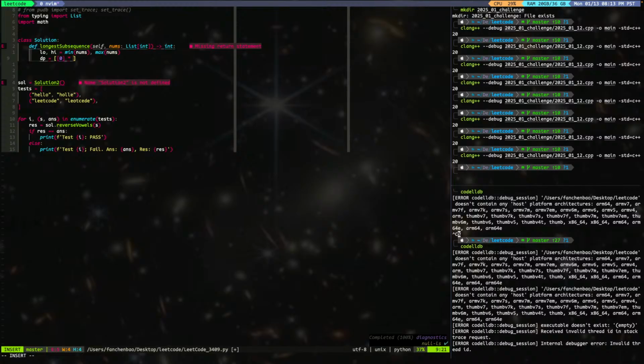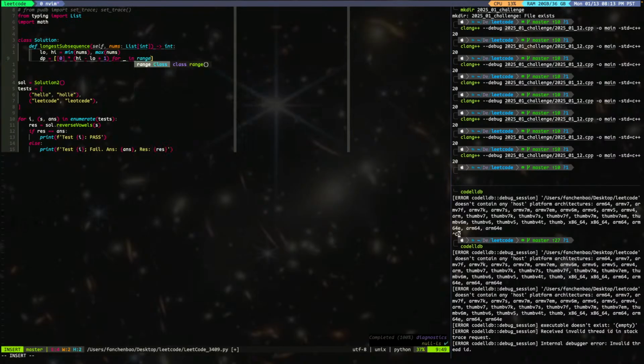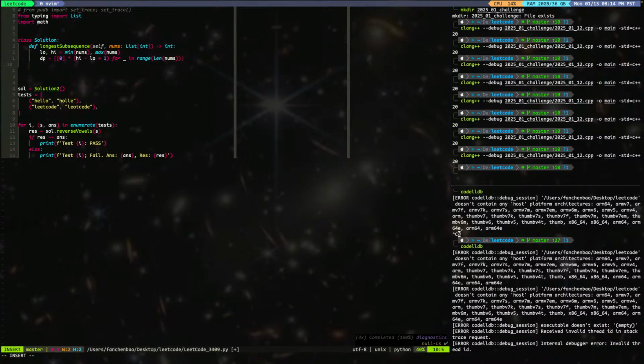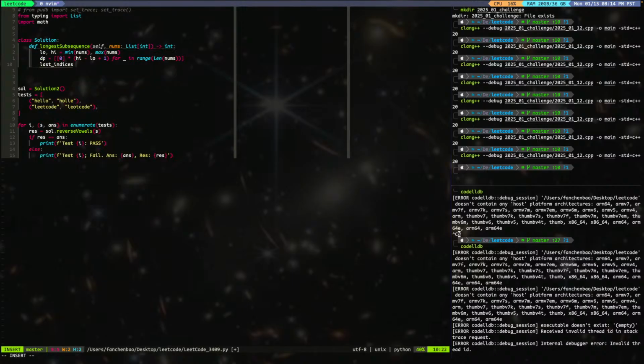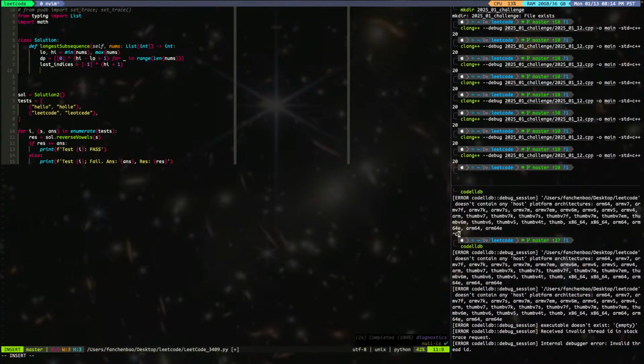Times j shall be high minus low plus 1 for this range nums. Right, so that's our dp. And I'll have last indices. High plus 1. Right, this is the last indices.